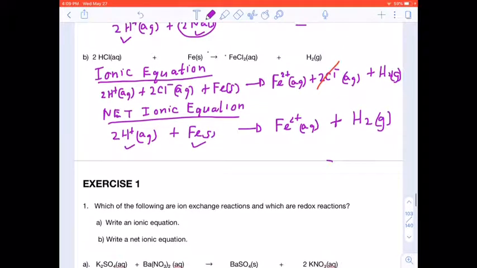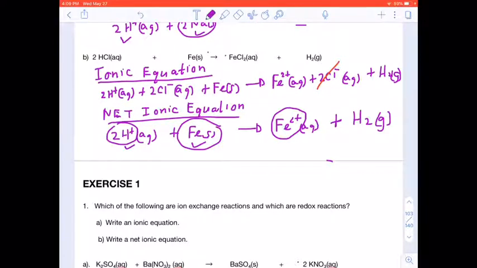Had I used sulfuric acid instead of hydrochloric acid, it would still have generated H plus. It would still have reacted with Fe. But here now, I would still have my Fe2 plus ion. But the anion, if I use sulfuric acid, would be sulfate.